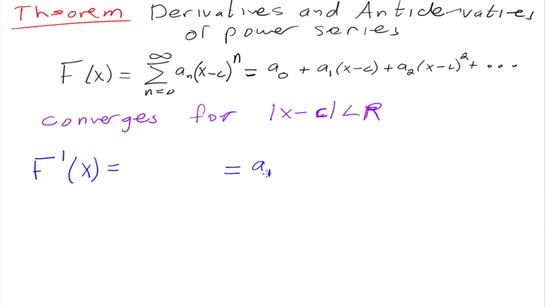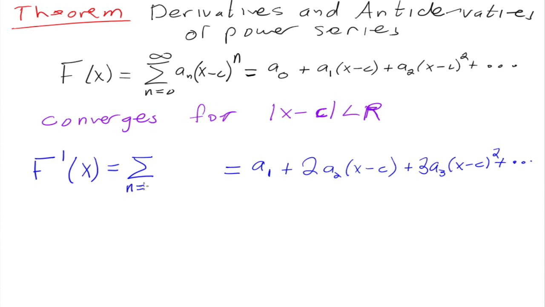Plus 2 times a sub 2, times x minus c to the 1. Plus, what's the next one? It's not written there, but just for fun, 3 times a sub 3, times x minus c squared, plus dot dot dot.